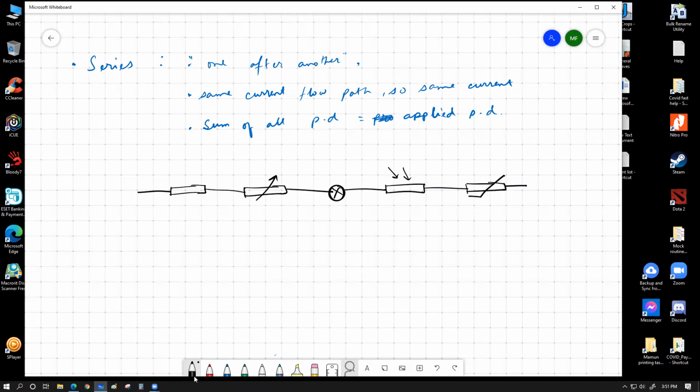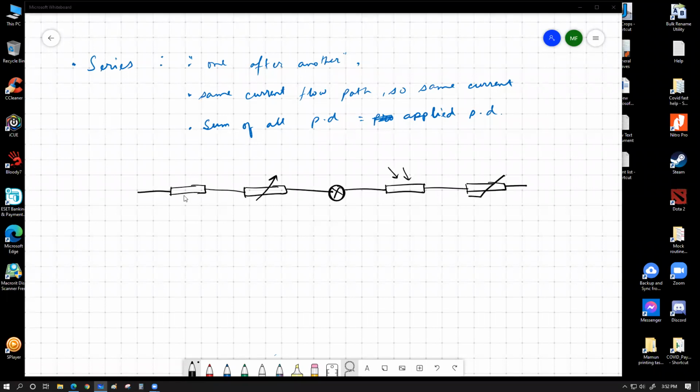What do you call this? This one is named what? This is called capacitor, fixed resistor, yes. This is variable resistor, or rheostat. We also call it rheostat.